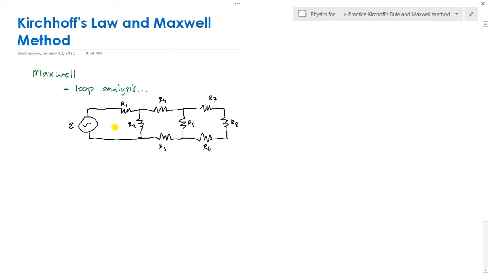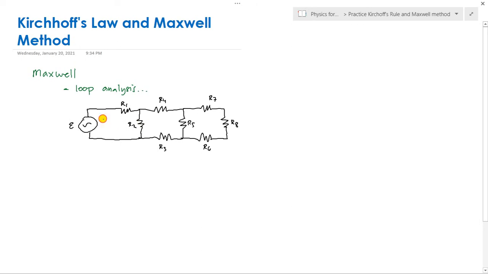But for Maxwell, try to indicate the direction of your current for loops that can be seen easily. So the loops we can see right away are these three, the holes here. For the first loop, I'm going to assume that this is the direction of my current, so I only have a single current here. Unlike Kirchhoff's law, which has many currents for every resistor or every branch, for Maxwell we only have one per loop.